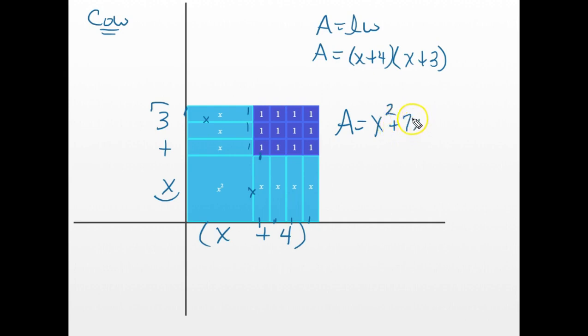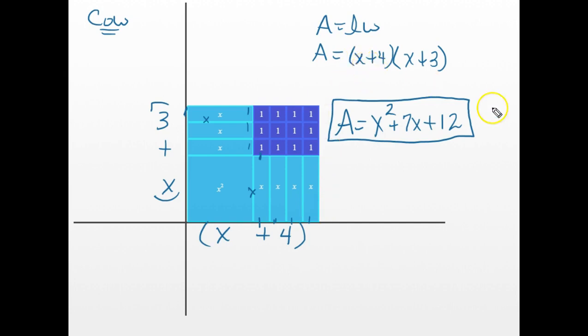So I have 7 x areas, and then I have 1, 2, 3, 4 by 1, 2, 3, so that's 12. I have 12 units that have an area of 1 square foot. So this would be the way that we would represent the area for this enclosure.